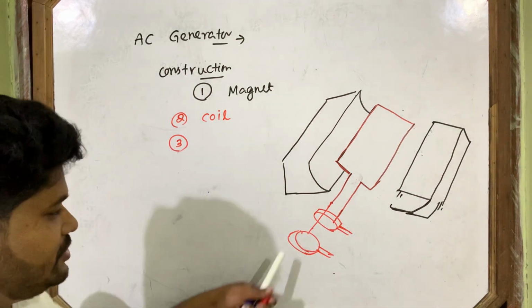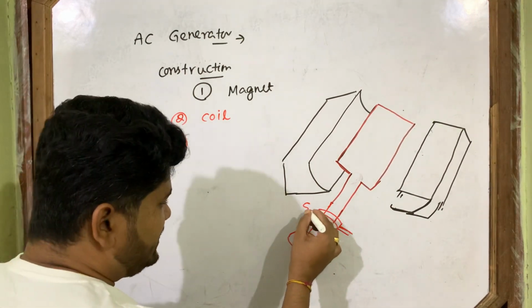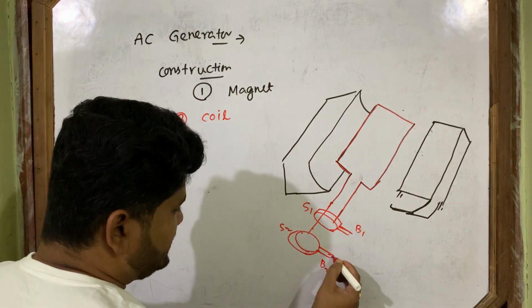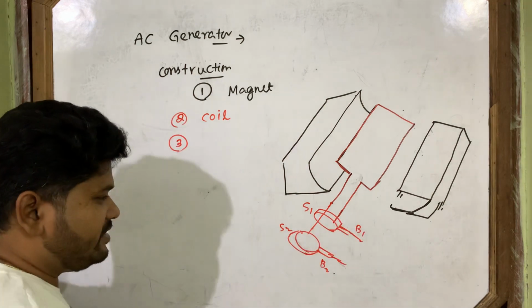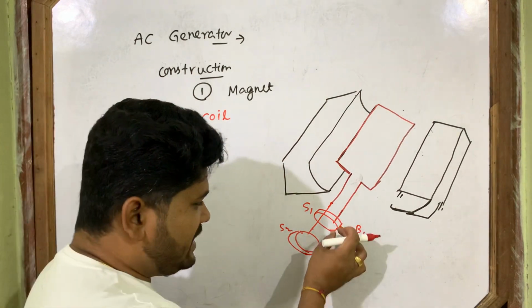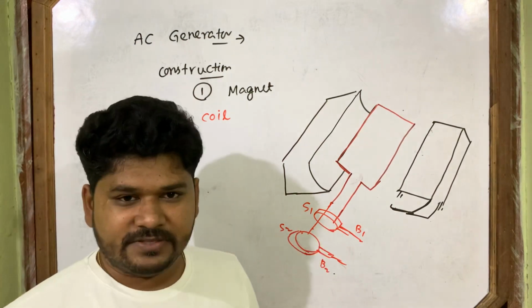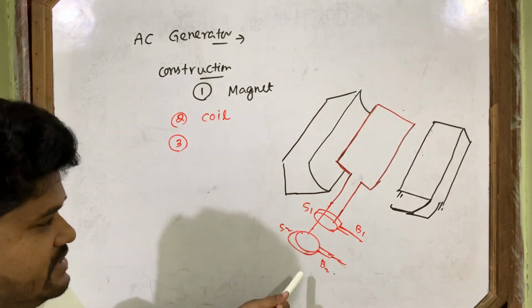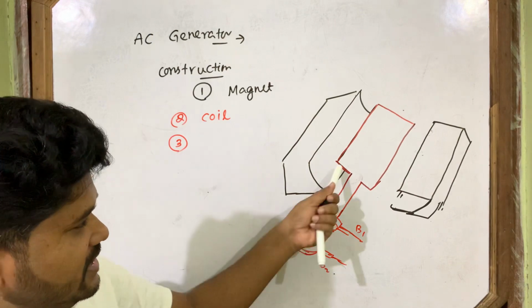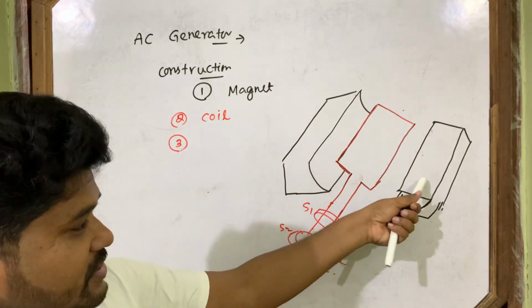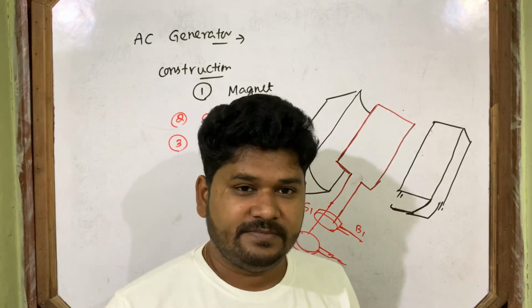So two slip rings are there, S1 and S2. Then carbon brushes B1 and B2 are connected. This graphite or some metal is very lightly connected to the slip rings. So these are the two metallic slip rings, and this is the armature. This is called the armature coil, and these are the two pole pieces.